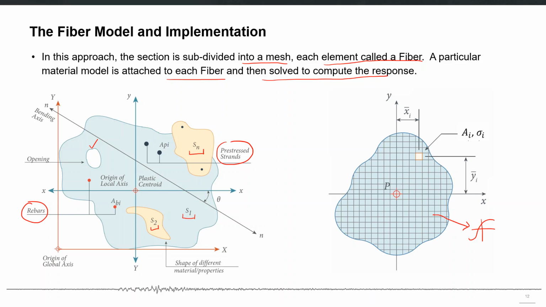So basically in this approach, you convert your cross-section from this general shape into the fibers. The size of the fibers should be small enough to capture the general shape of that cross-section as well as the exact location of different materials which are available or used in that cross-section.